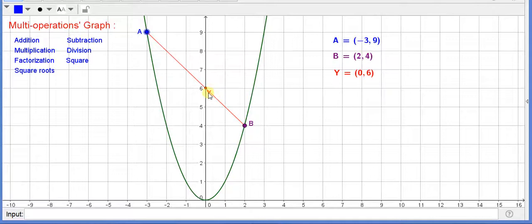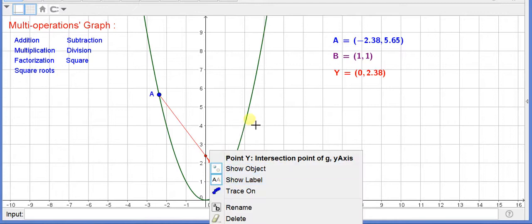Similarly, to bring this point Y over 6, we have to move very high. This line will intersect somewhere, because it is an infinite graph, so we are not able to demonstrate it here. Suppose we want to find the factors of say 4. So we have to keep the point Y at 4.